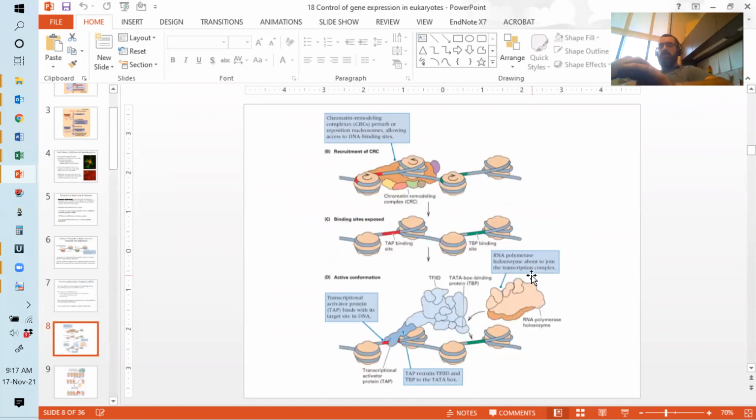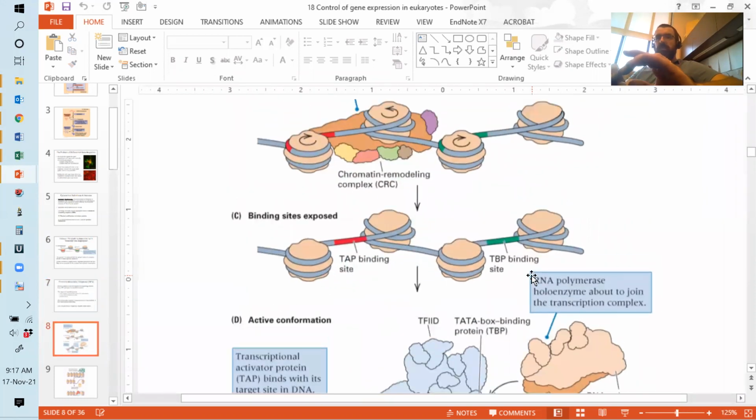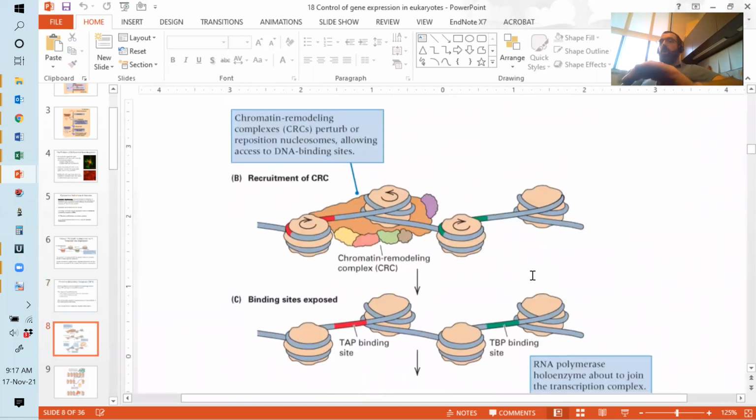So here's a good example. Let me blow this up a touch because this is a little bit on the tiny side. This is a good example of that rotation of the nucleosomes, right? So these are big proteins, protein complexes, made up of a lot of different protein subunits, essentially.